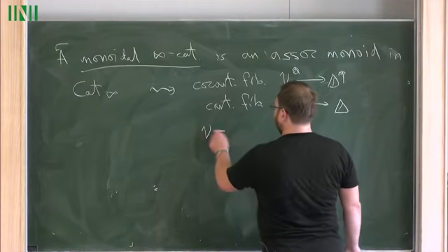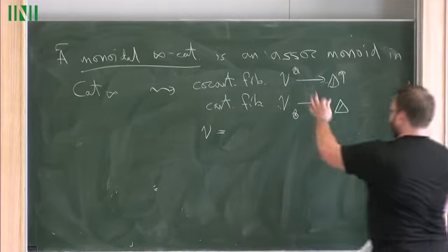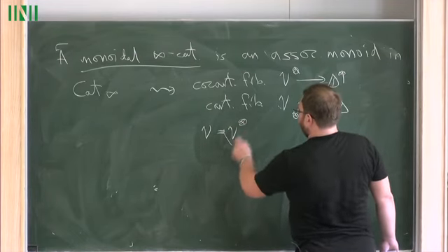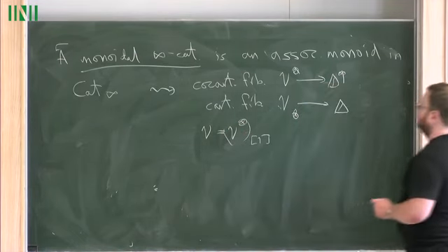If I have such a V tensor, either upper or lower, then V will denote the underlying infinity category, which is the fiber at 1.